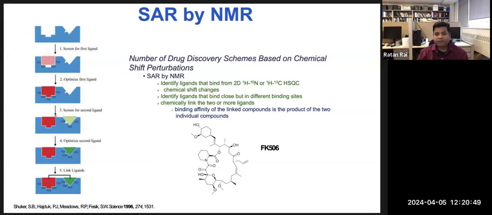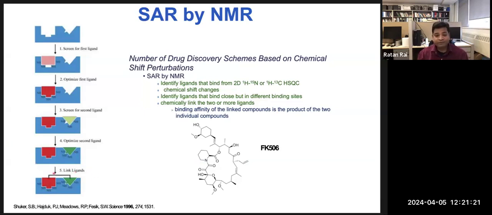Once that binding site is optimized, try to find another small, low molecular weight molecule that binds a neighboring site. It also has a low binding affinity over here, and you try to optimize it so that you have two molecules with low binding affinity. Now, with the help of chemistry or any linker, we can synthesize a molecule which links these two molecules.